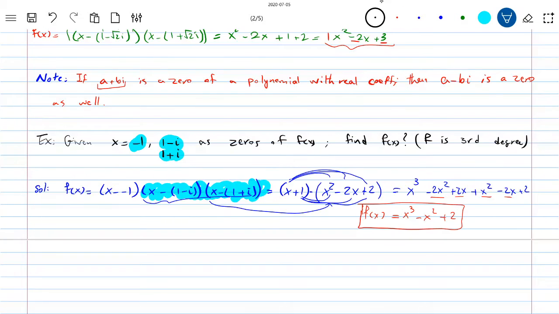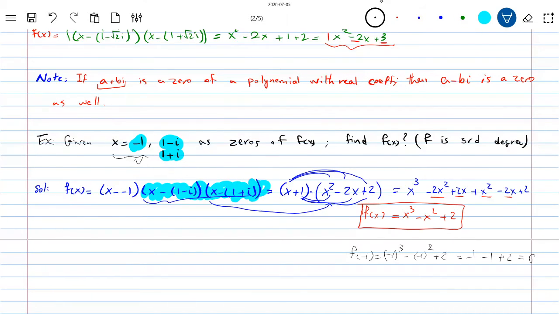You can check to see if those are really the solutions. For example, the easy one that you can check is, is -1 a solution? Just replace x with -1 and figure out what f of -1 is. It should be 0. If I replace -1, -1 cubed minus -1 squared plus 2, what do you get? You get -1 minus 1 plus 2, and we get 0. That shows that -1 is a solution.